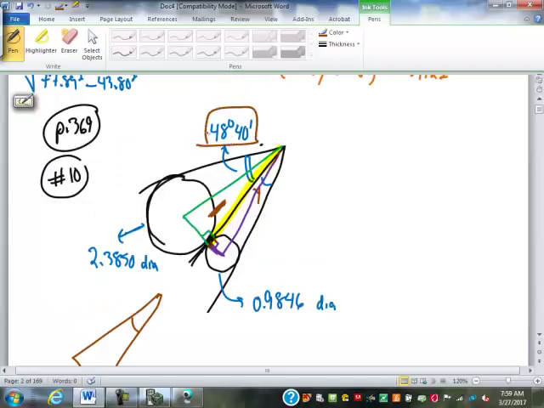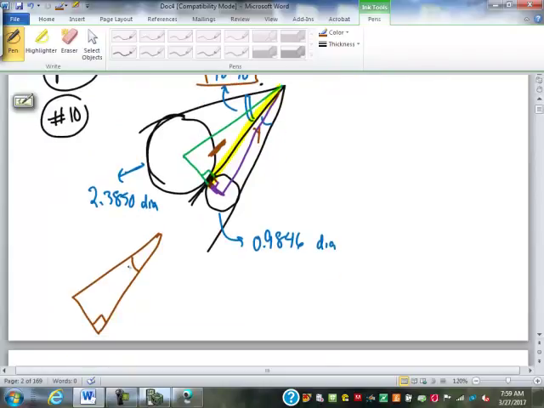That's 48°40', so this one's going to be 24°20'. That's a big one always. You've seen that one twice today already. When you go from the center of a circle to the intersection of the tangents, it cuts that angle between the tangents in half. And then this is going to be half of our diameter, which is going to be 1.1925.